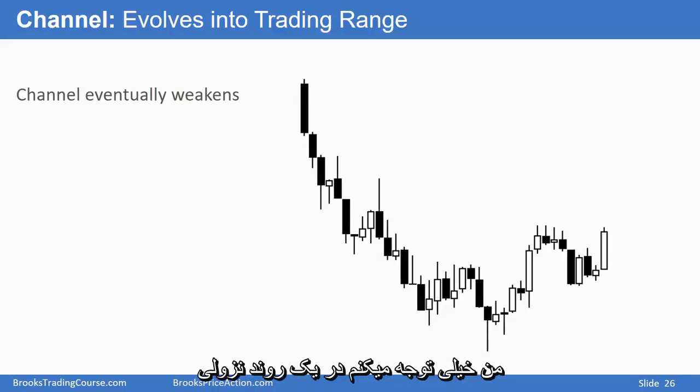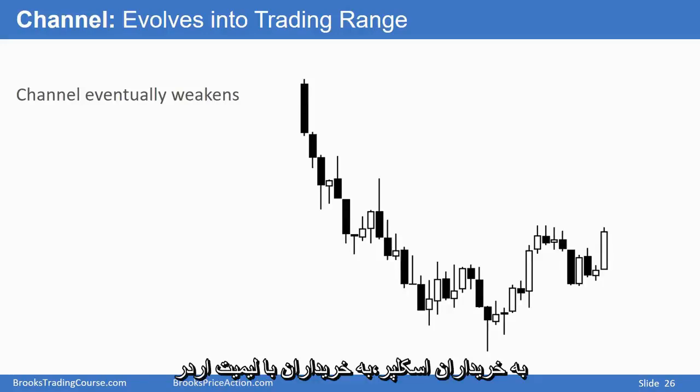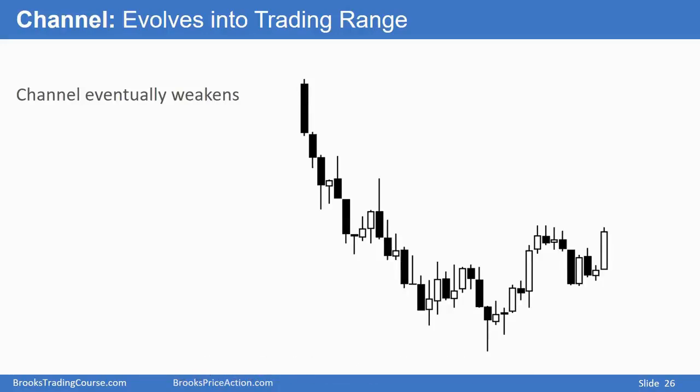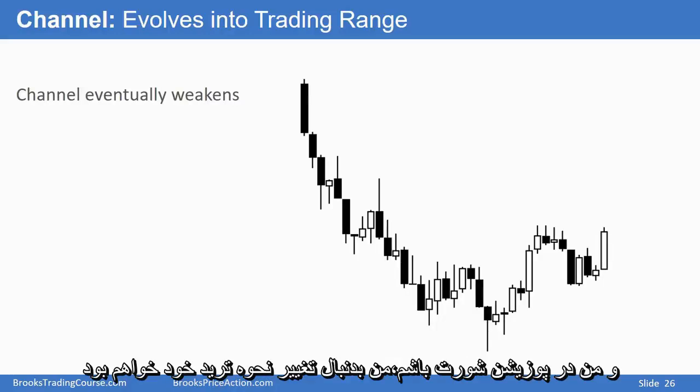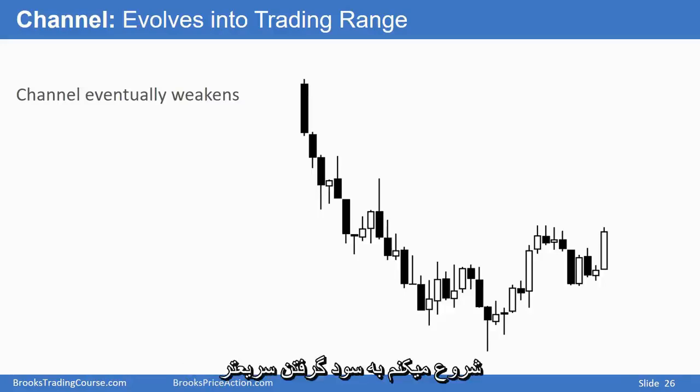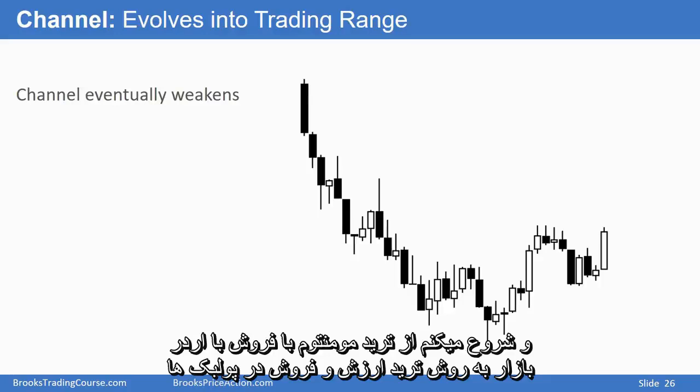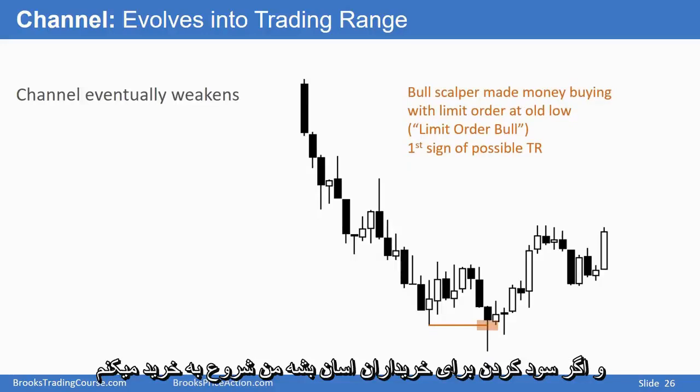Again, I pay a lot of attention in a bear trend to the scalping bulls, the limit order bulls, because if they can start to make money, and I've been shorting, I'm going to start to transition how I'm trading. I'll start taking quicker profits and I'll start switching from momentum trading, just selling at the market, to value trading, selling pullbacks. And if it's easy enough for the bulls to make money, I'll start buying.